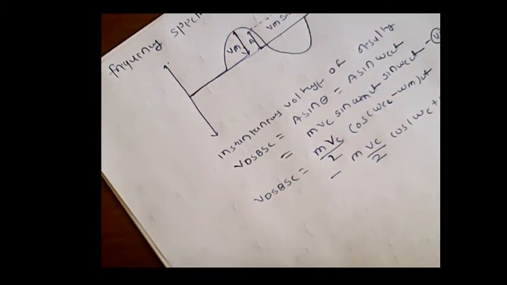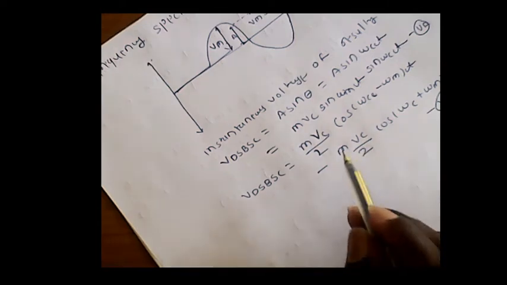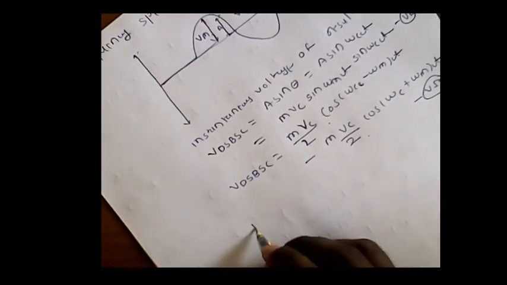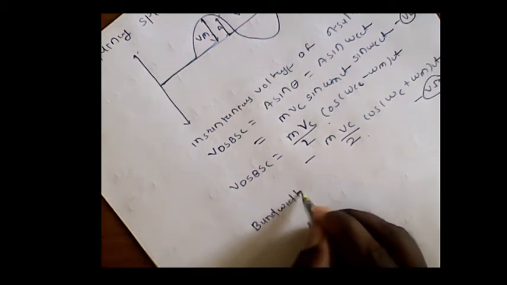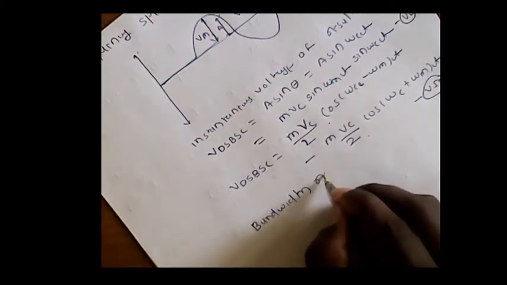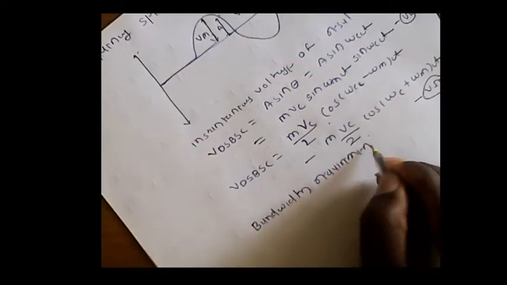When we write the components in double sideband suppressed carrier, the carrier component is removed and the information is transmitted only in two components: one is the LSB and the second one is the USB. Thus the equation contains only two terms, namely LSB and USB, and the bandwidth requirement is twice the modulating frequency. So the bandwidth requirement for DSB-SC can be calculated.